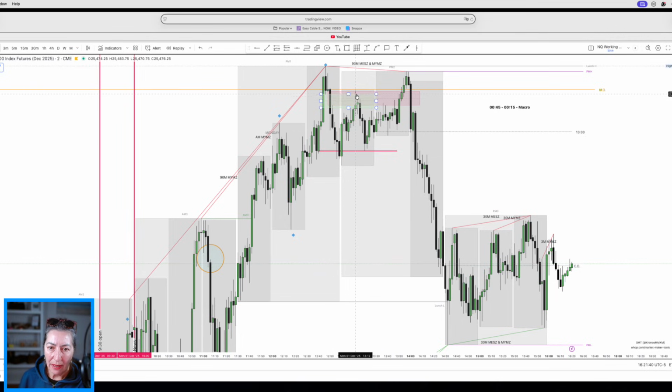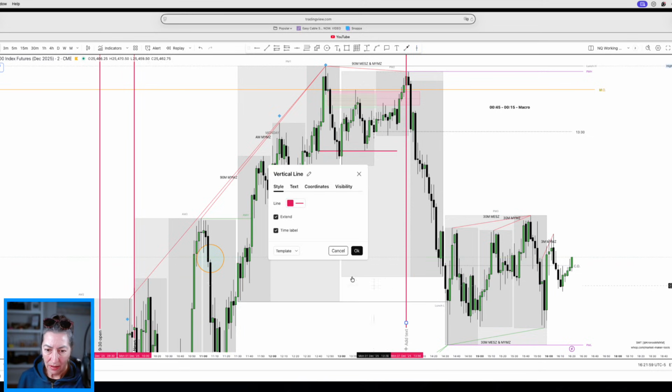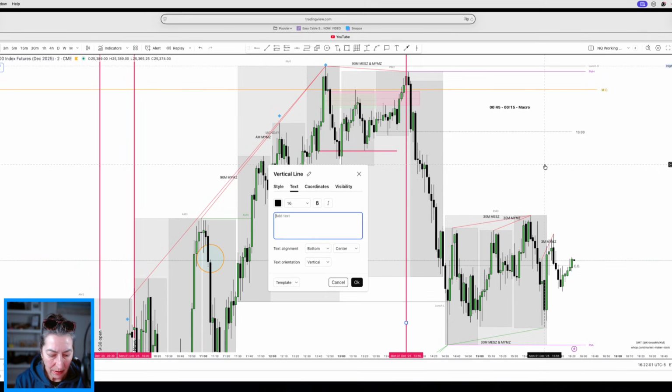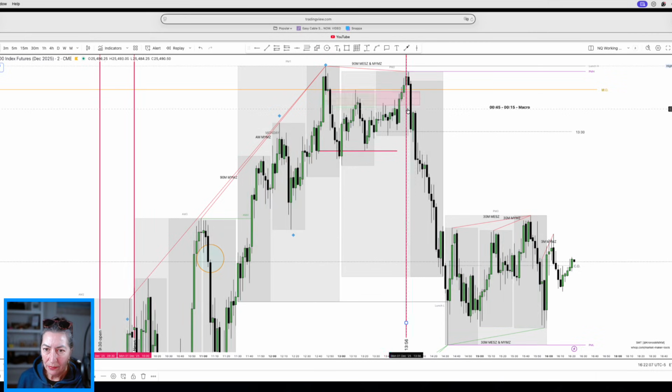Price moves back up. Now I'm looking for time. So I need to be between 0045 and 0015. Right here, price makes this high at 1356. So that is in my window.